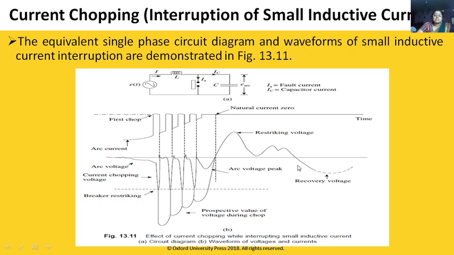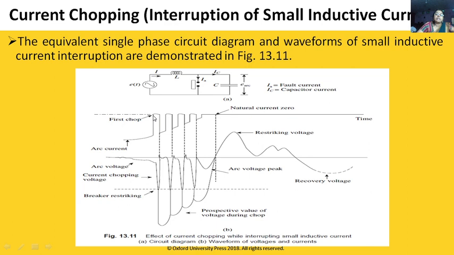This is the gap withstanding capacity, where gap means the circuit breaker gap. This is the breaker restraining, and this is the prospective value of voltages during chopping. This low inductive current gets chopped before its natural zero.